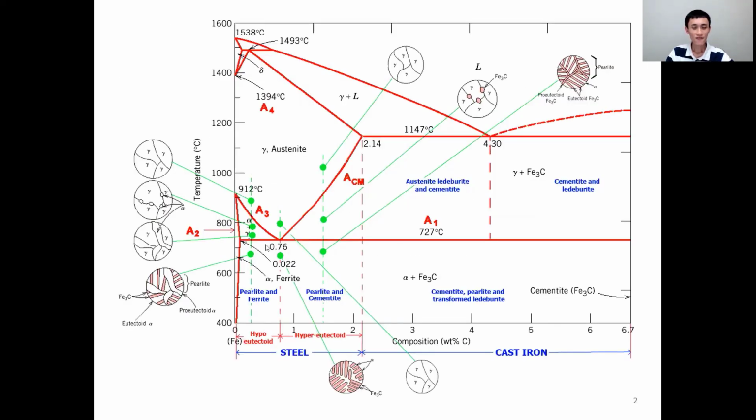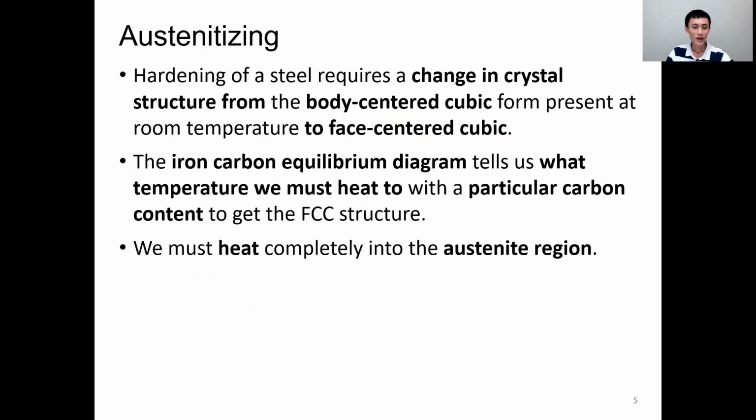For example, if you have 0.76% carbon, then 727 degrees C would be enough. However, if your carbon percentage is lower, let's say 0.5%, then you will need a little bit higher temperature in order to get into the austenite range. So we must heat completely into the austenite range in order to form martensite.